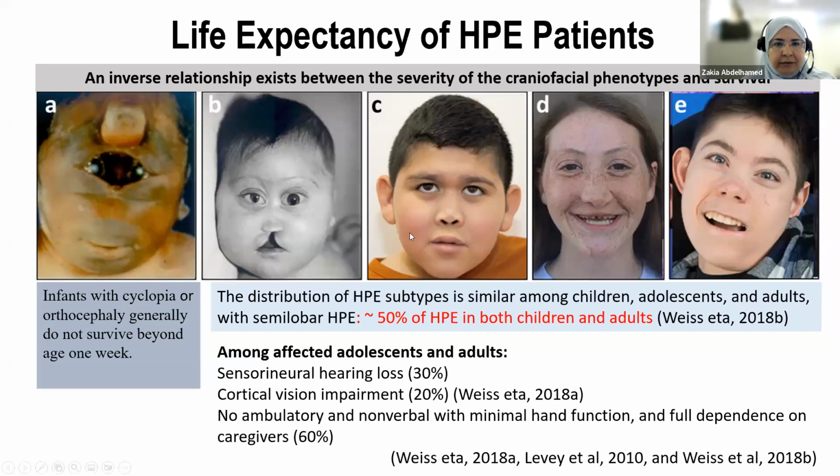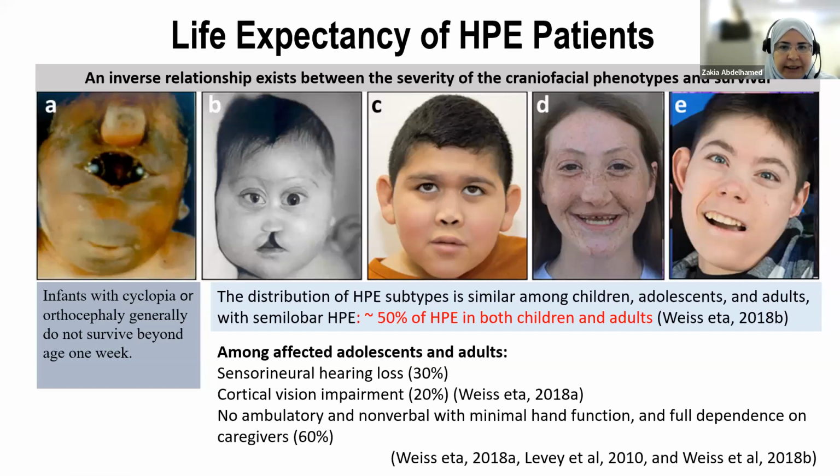Regarding life expectancy of those patients, contrary to the popular belief that all of these patients die very early in life, this is actually true for lobar holoprosencephaly, when there is severe craniofacial anomalies. These patients always pass away, but for the rest of them, the incidence of semilobar holoprosencephaly in children, adolescents, and adults is about 50% across the lifespan.